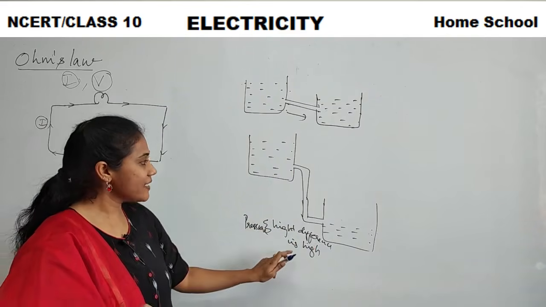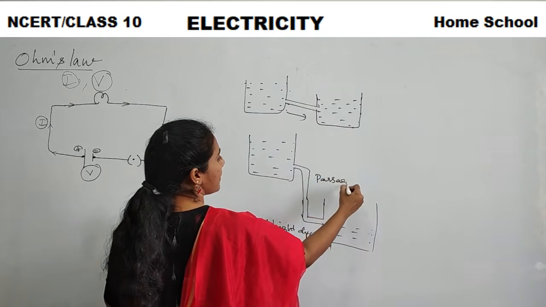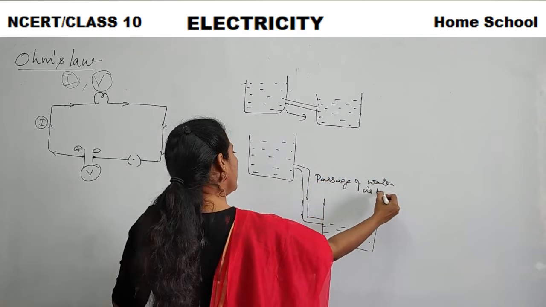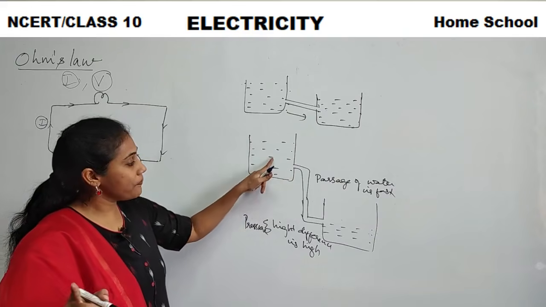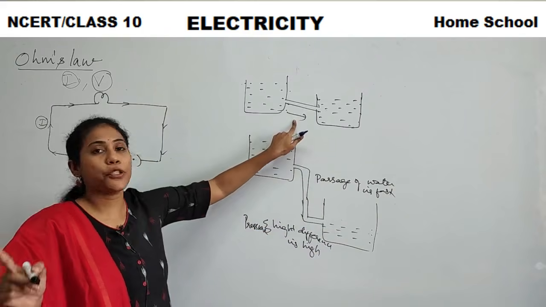In that case, what happens? Passage of water is also very fast. Yes or no? The water can pass more quickly from this end to this end, compared to the previous situation.